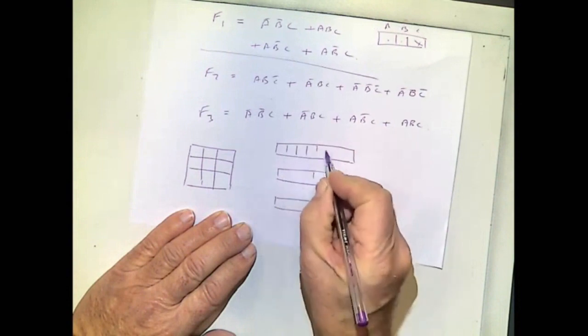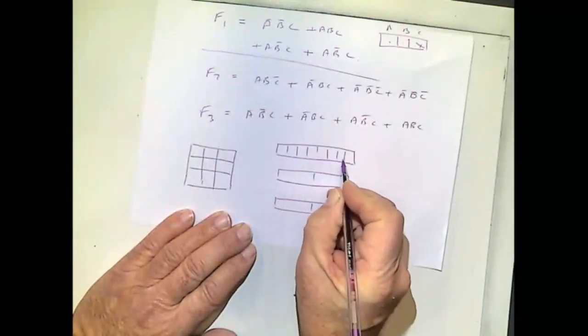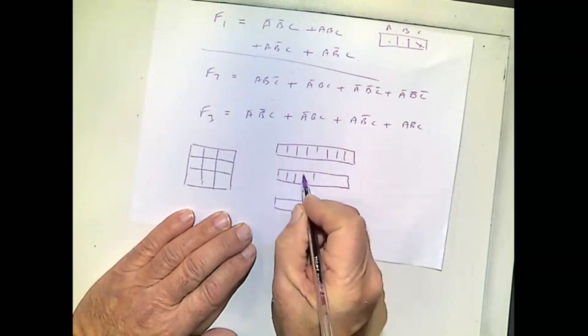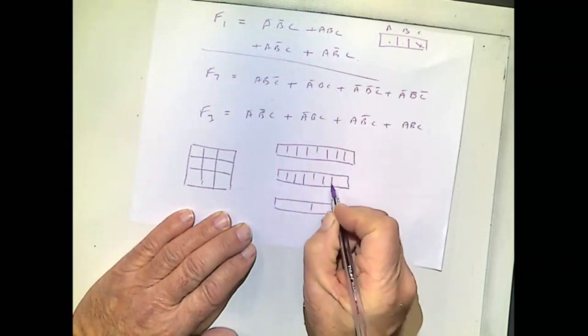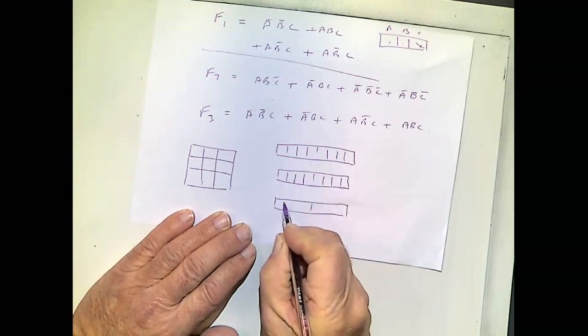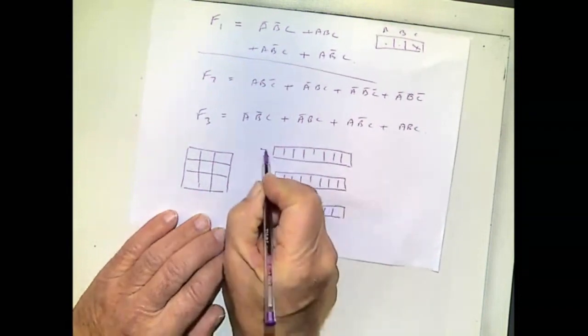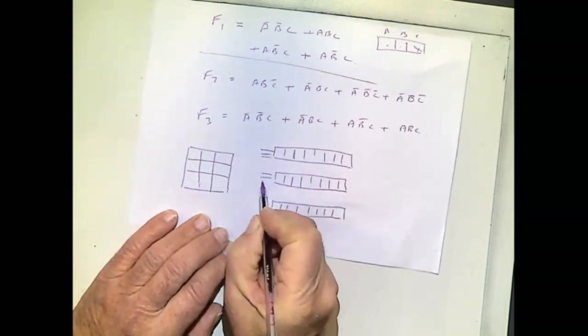Three input functions, of course, need 8-bit memories. 1, 2, 3, 4, 5, 6, 7, 8. 1, 2, 3, 4, 5, 6, 7, 8. And these are the inputs.